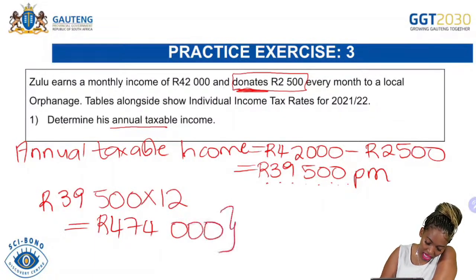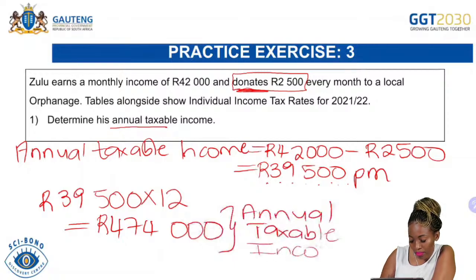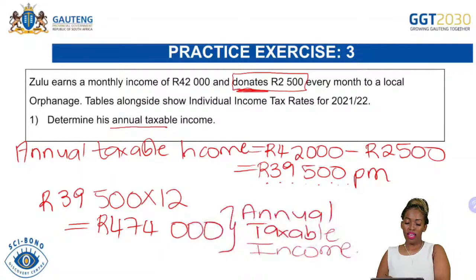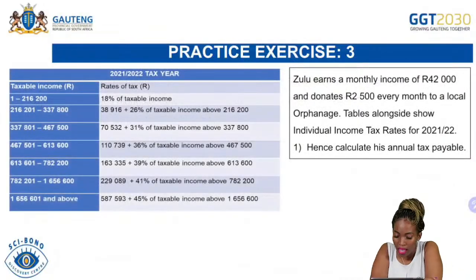So this 474,000 is our annual taxable income. That is our annual taxable income, meaning if we are going to calculate Zulu's tax, this is the money that we are going to be using.